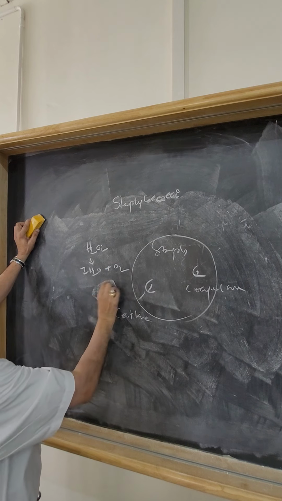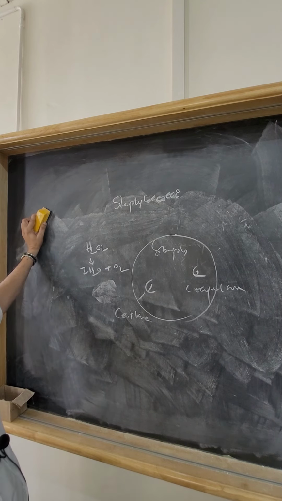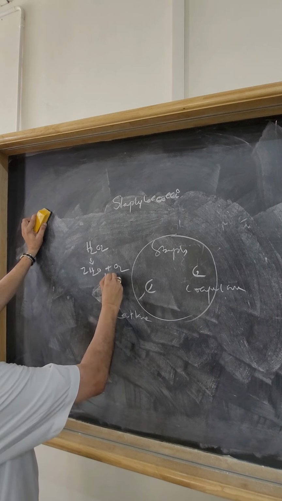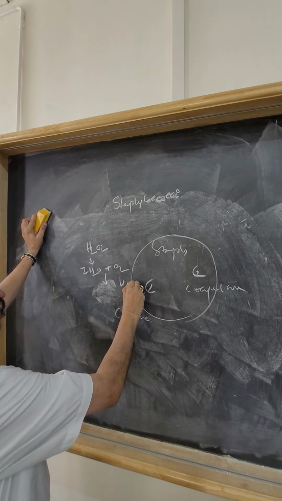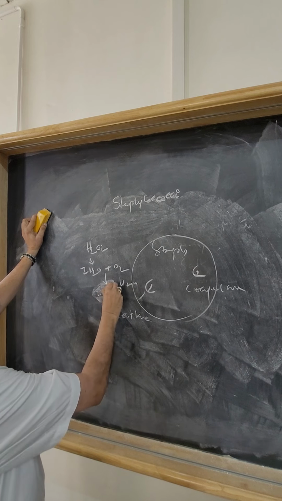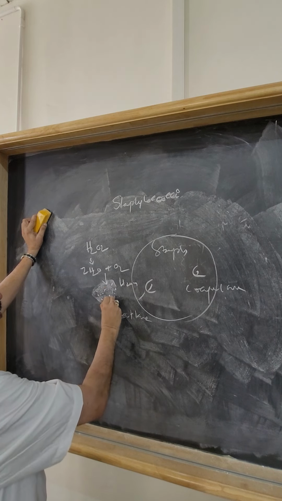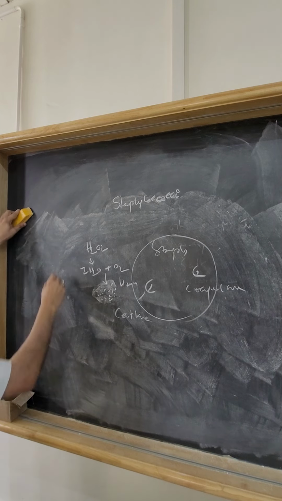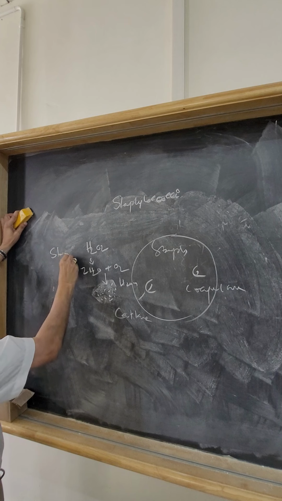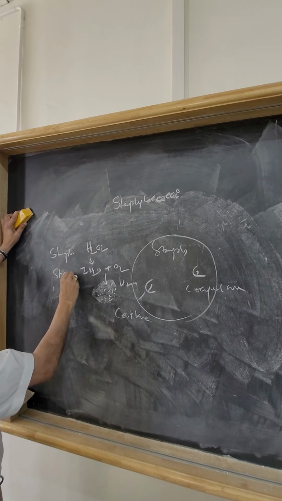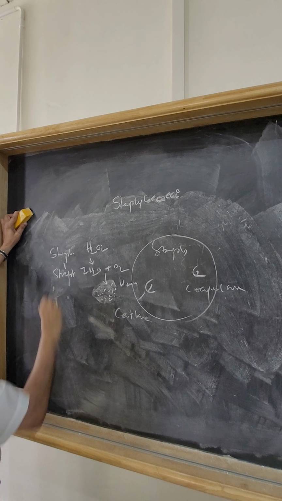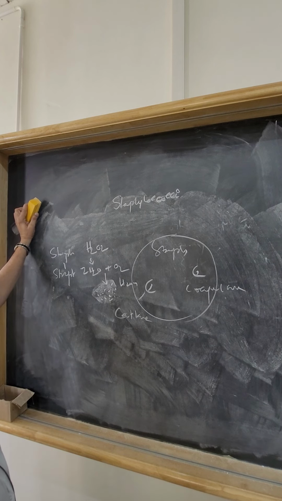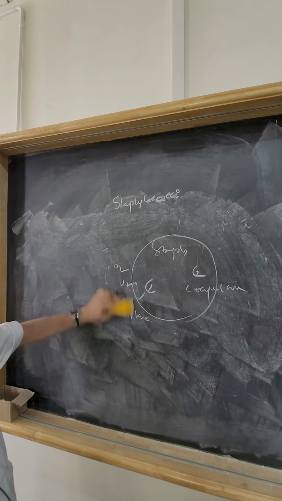So you take a saline suspension of staphylococci, pour H2O2, there will be bubbling. This test is used to differentiate between staphylococci and streptococci. Staphylococci is catalase positive. Streptococci is catalase negative.